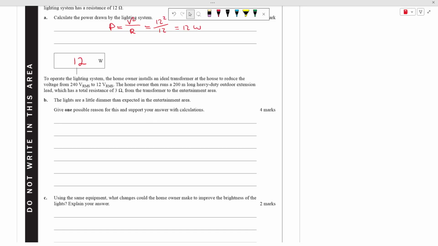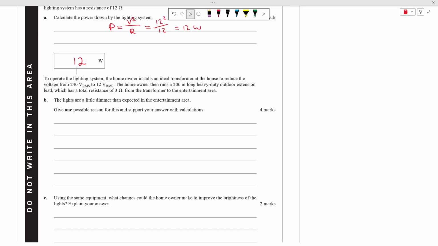Okay, so why would the lights be dimmer? Well, you could probably make an argument in a couple of ways. By having this long heavy-duty extension cord, which has resistance, that's using some of the available power or voltage.